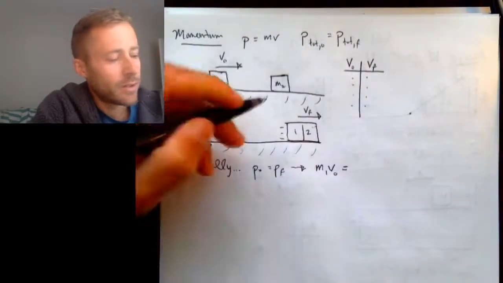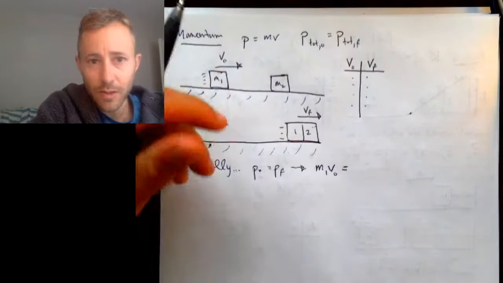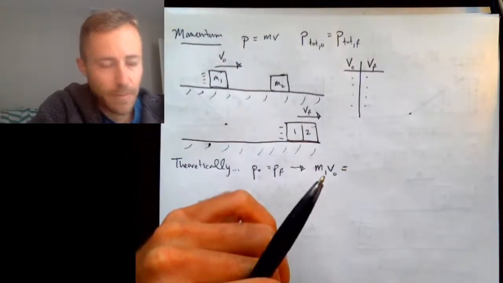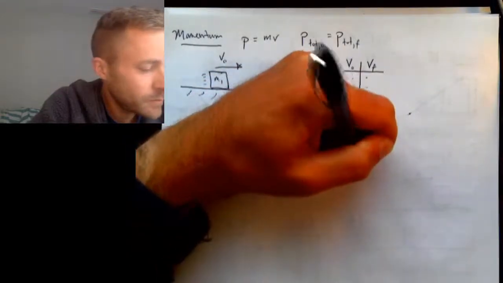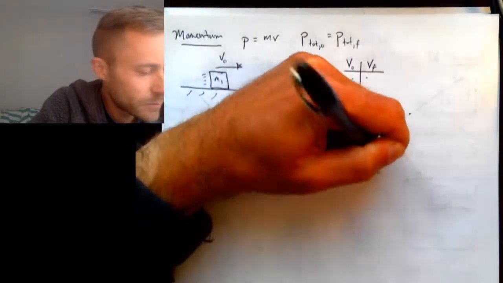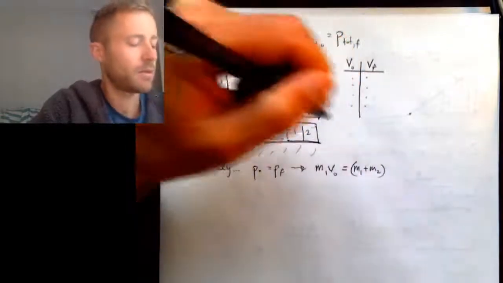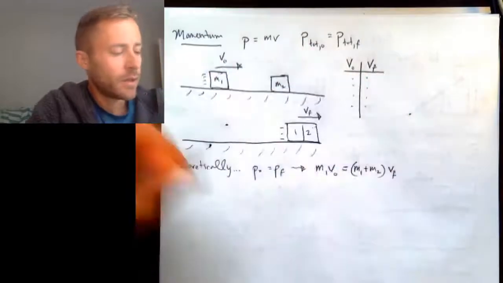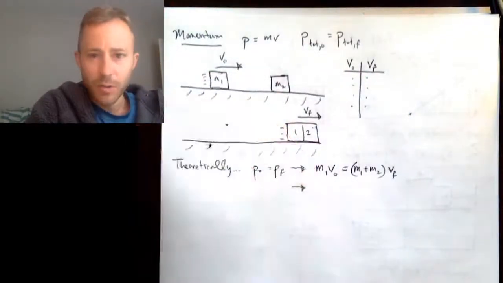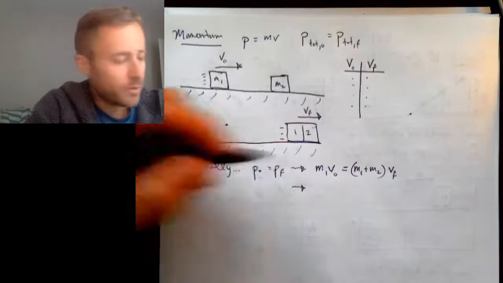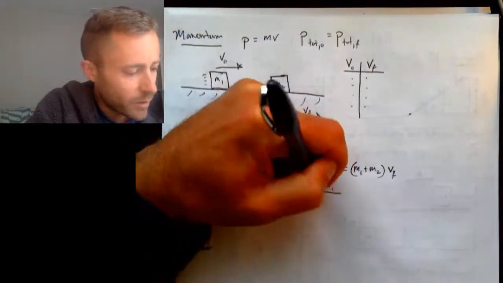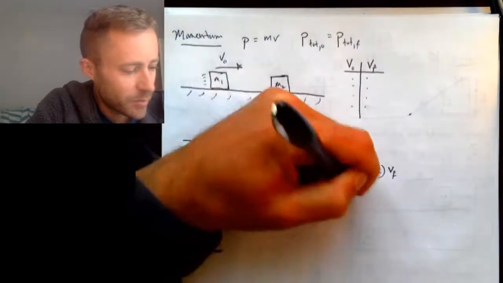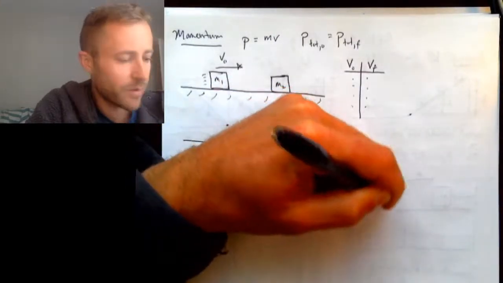After the collision, these two are stuck together, so they're acting like a single mass of total amount m1 plus m2, and their speed is v final. Now I divide both sides by m1 plus m2, so I have m1 over m1 plus m2 times v0 equals v final.